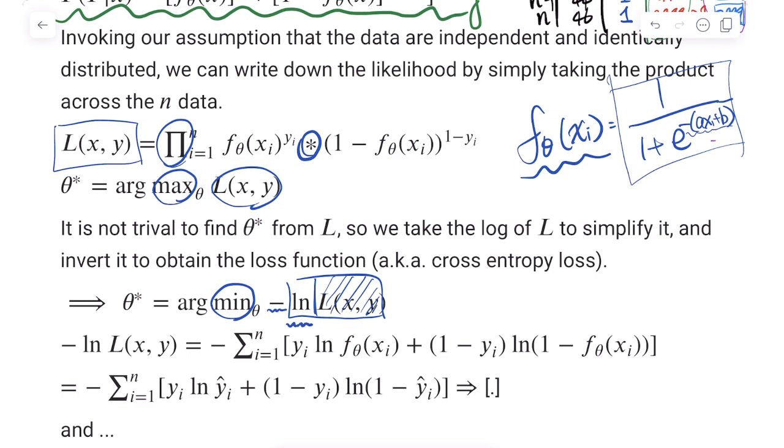So if we would like to find the maximum likelihood, we can use some mathematical tricks to find the minimum value of minus log likelihood. The result will be the same, but it is easier for us to find the value.